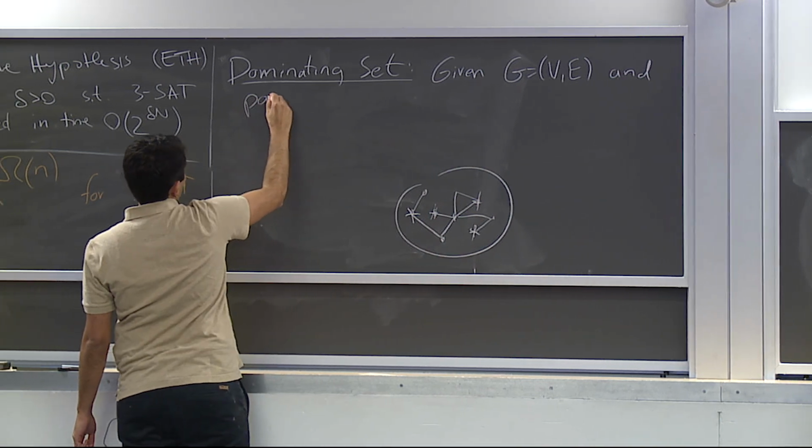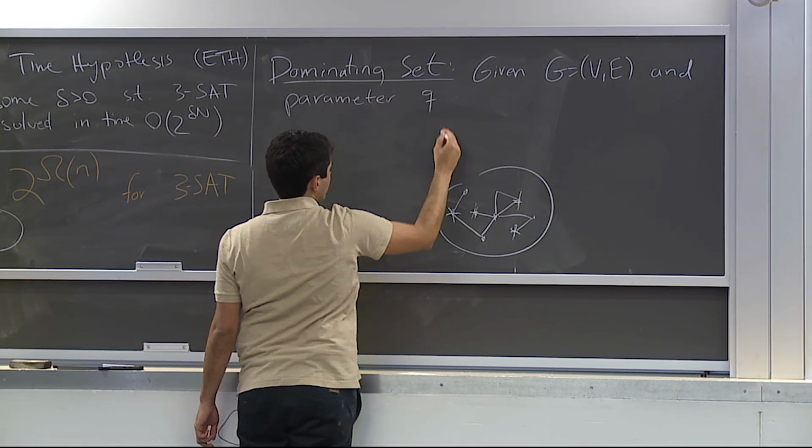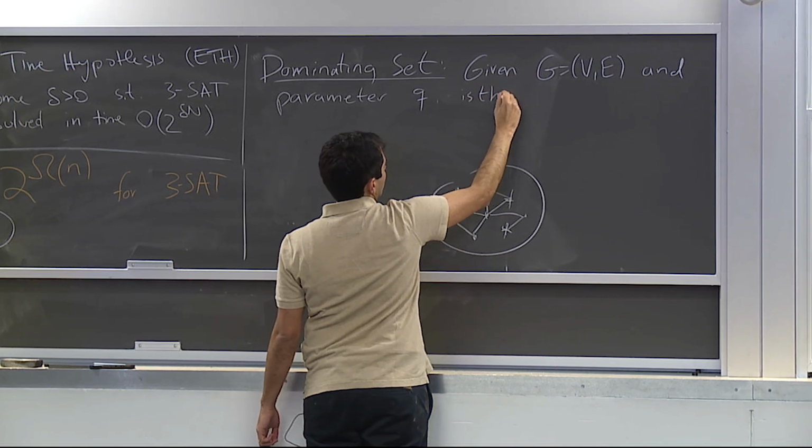So I'll define it as a decision problem. You are given the graph and some parameter q, and the question is: is there a dominating set of size q?